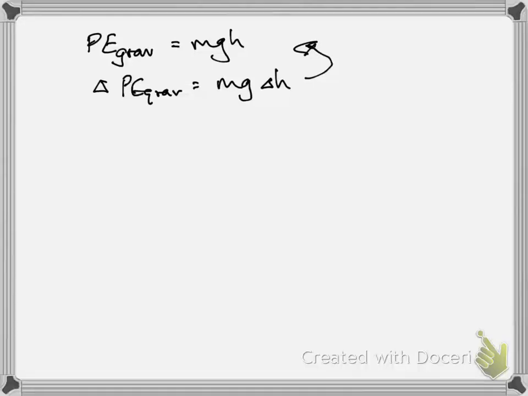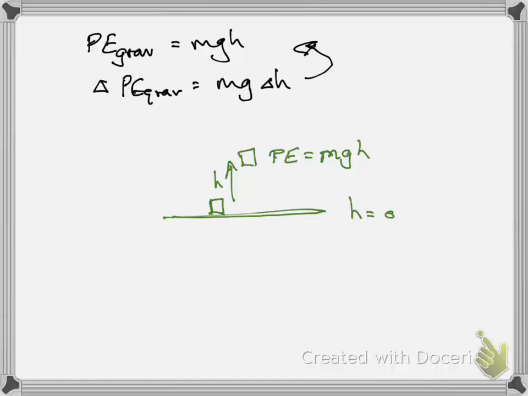So usually what we do is we take the ground, or the lowest level in the problem, and we say that's h equals 0. And then if we take an object and lift it up some height h above h equals 0, the potential energy due to gravity is mgh.